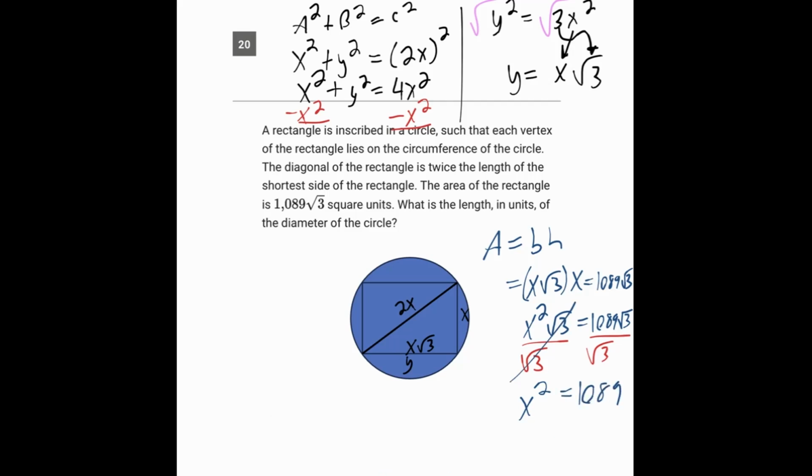And now on the calculator, we can take the square root of 1089, which is 33. So we did square root, and we got x equals 33. And so now, what is the length of the diameter of the circle? Well, that's 2 of our x's, and x is 33. So the diameter would have to be 66.